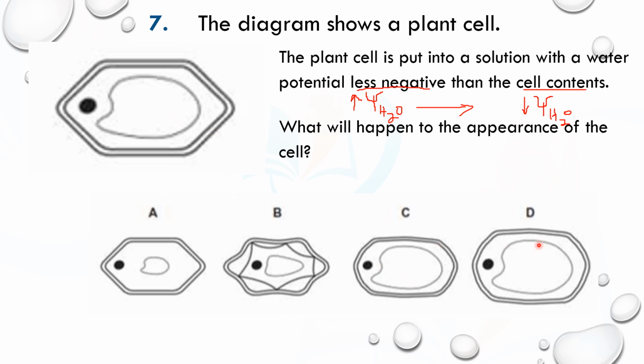So the cell is going to become turgid because water will enter into the cell from the solution by osmosis, and due to turgor pressure the cell becomes bigger. So this is the actual cell, and that is D. No, that is C.